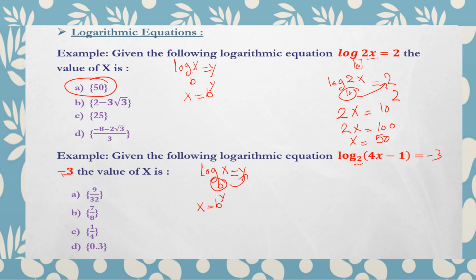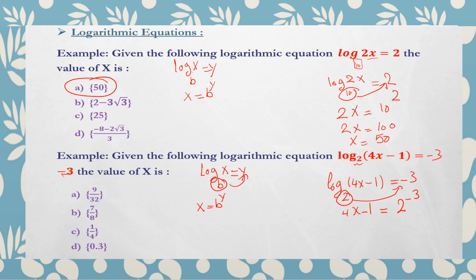By using this property and applying it on this logarithmic equation, we get log 2 for 4x minus 1 equals minus 3. By giving the base of the logarithm the power minus 3, this would equal 4x minus 1 equals 2 power minus 3.